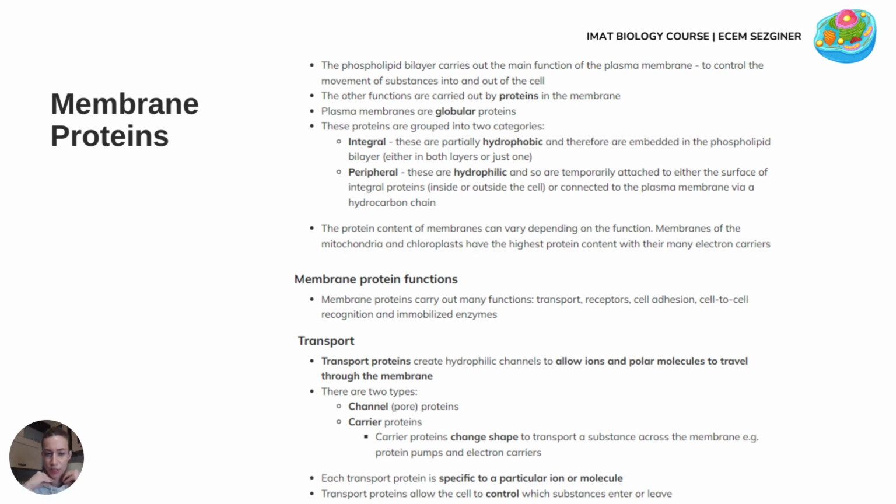Channel proteins don't change their shape because of the pore that they have inside, but the carrier proteins are the ones that open or close, which we are going to see in an image. And this change of shape has something to do with energy consumption and the specific substances that they can carry, which we are going to learn further. Obviously, each transport protein is specific for a particular ion or molecule. Not every protein can transport every kind of molecule.